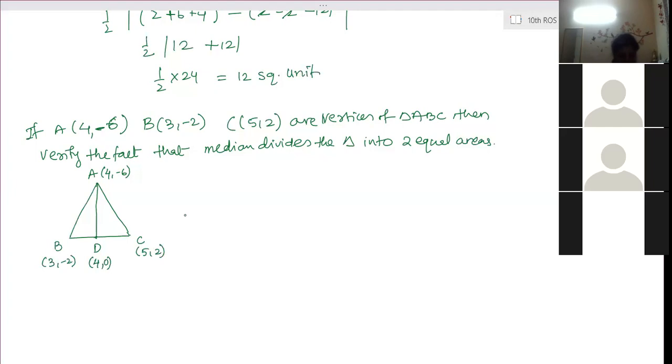Ma'am, is the area of ABD 3 square units? Yes, right. ABD is 3. Okay, ma'am.